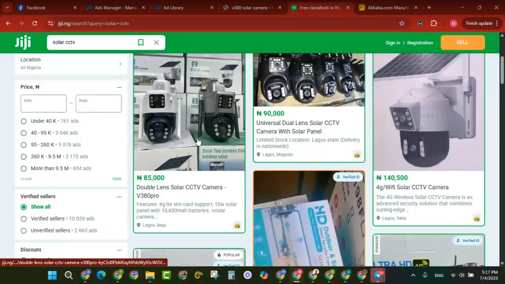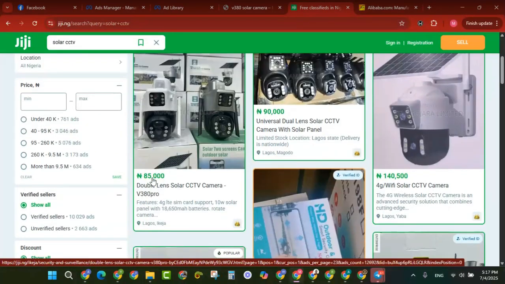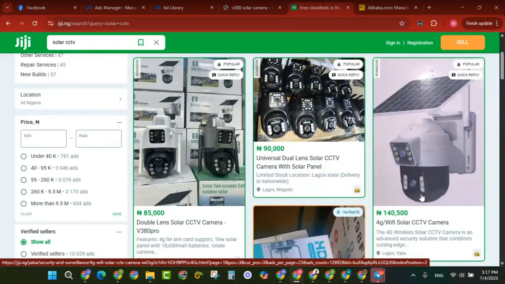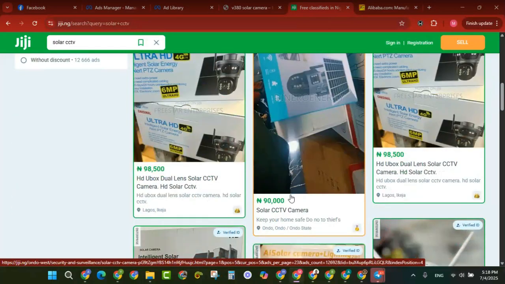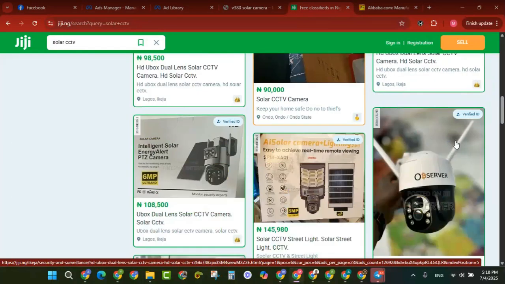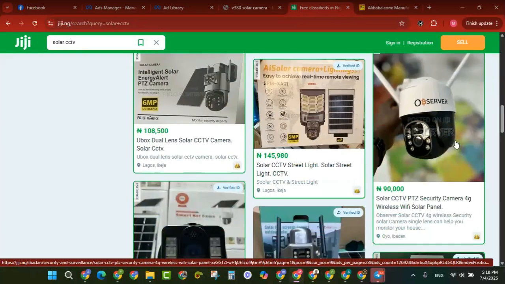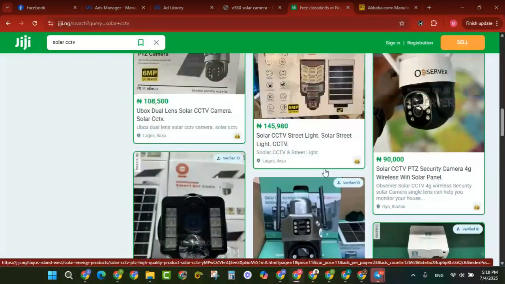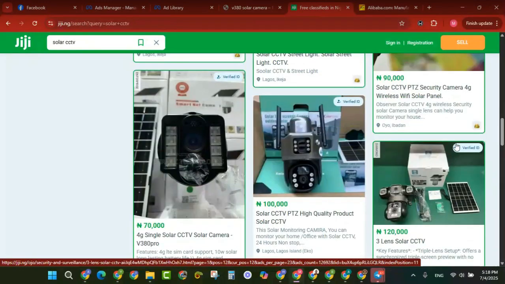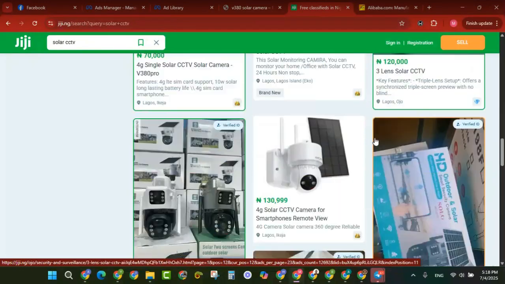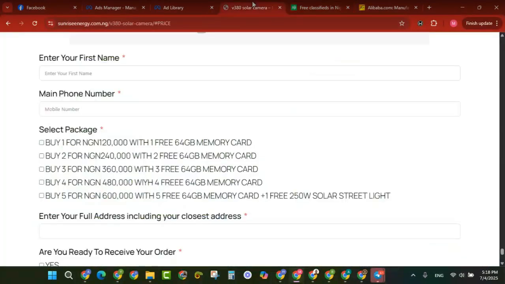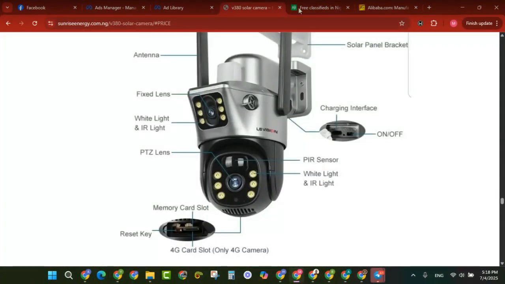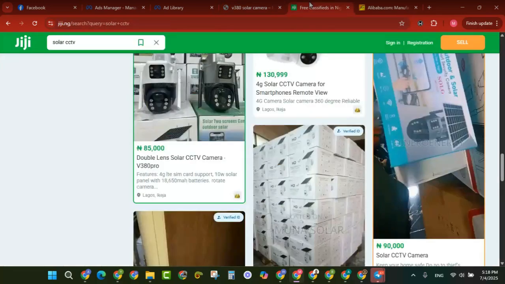This one is similar to the one I saw. It is 85,000 naira here, 90,000 naira. This one's 140, 95, 90, 98. Okay, 90, 70. Okay, this one is similar to that particular one I saw. Let me look at it again. Okay, it seems to be the one. It's very similar.